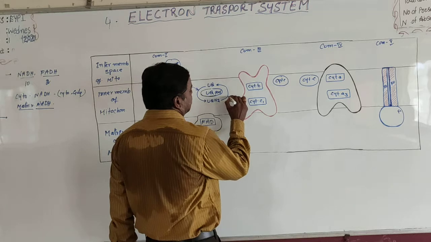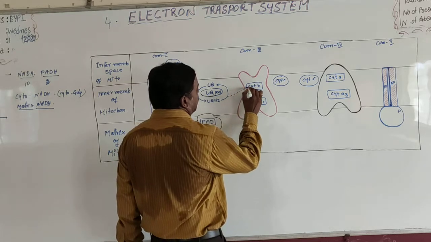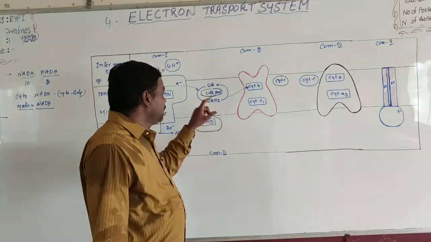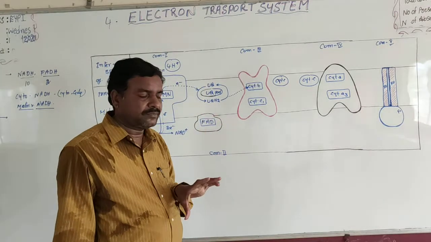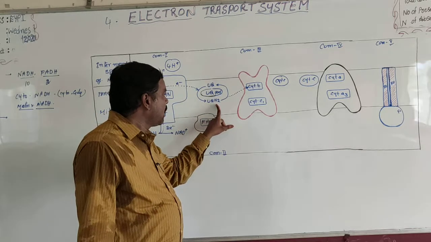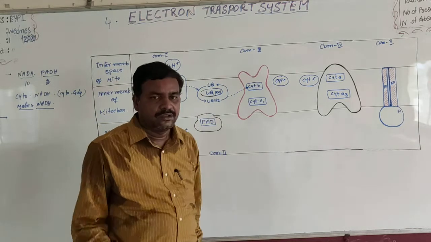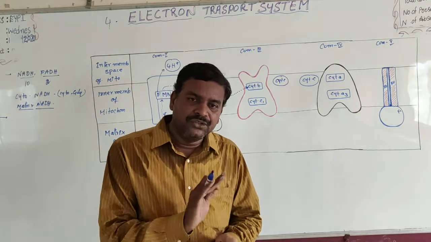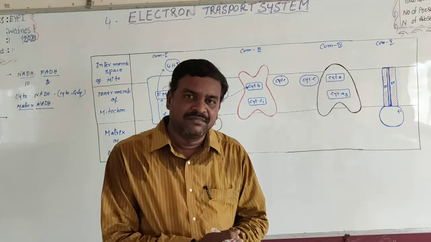It releases the electrons to complex 3. This way, reduction of UQ and oxidation of UQ takes place in a cyclic manner. That is called the UQ cycle.